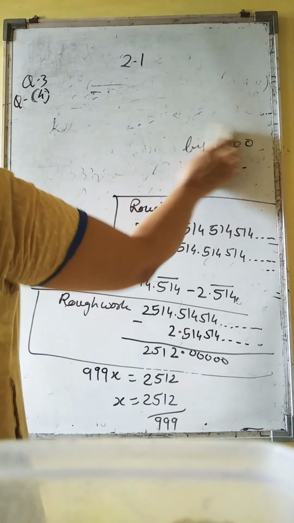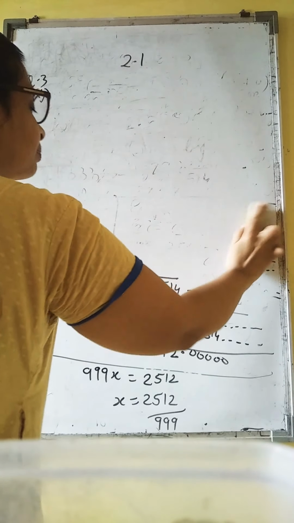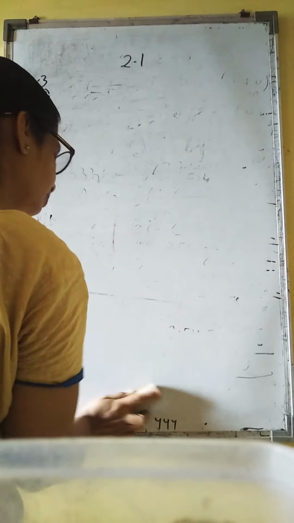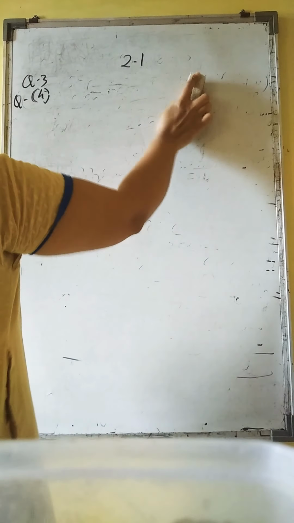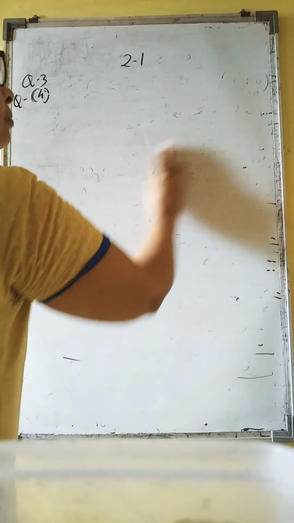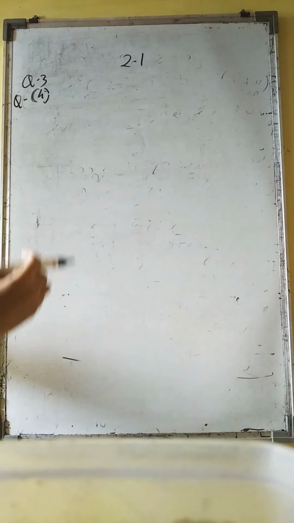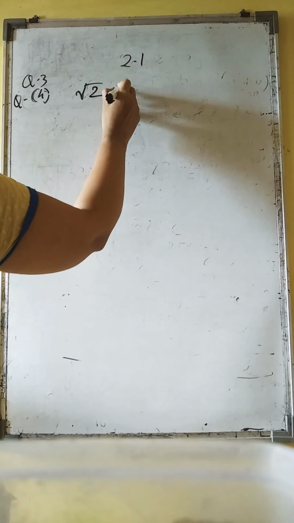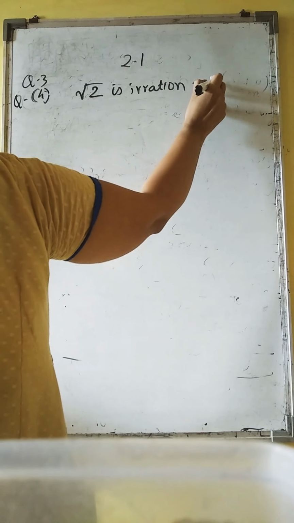Sometimes directly it is asked in the exam that prove that root 2 is irrational number. So we are going to prove that root 2 is irrational number.